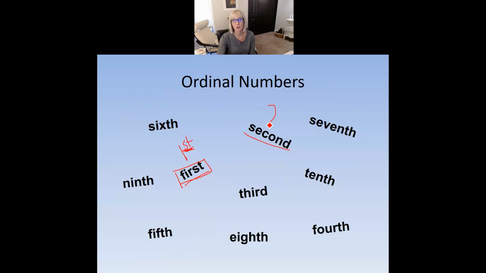Second, I use the number 2, but I add ND. And I say, and I write, second. Third, I use the number 3, I add RD. I write and I say third.